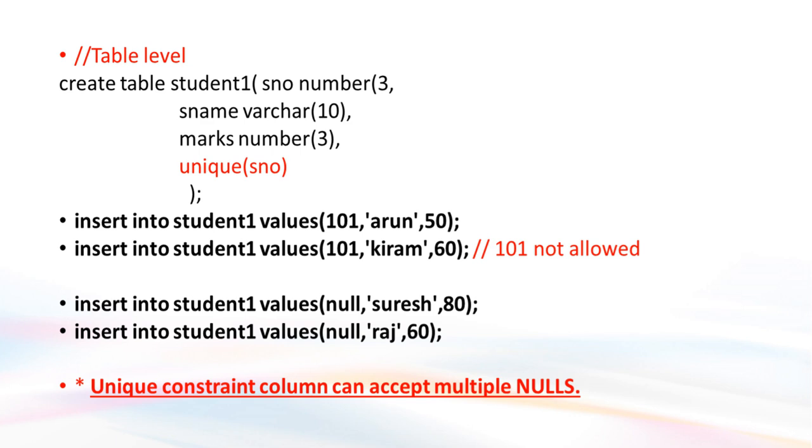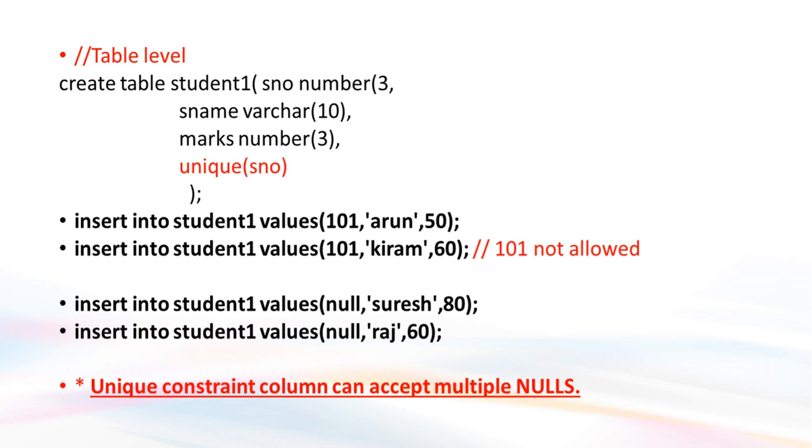So when I enter the same number here, it is not allowed. But if I enter two nulls, first time I insert a null as S number, Suresh 85. Second time I still try to insert a null. Still it will accept, because the unique constraint is applicable only for numeric values, not for nulls.